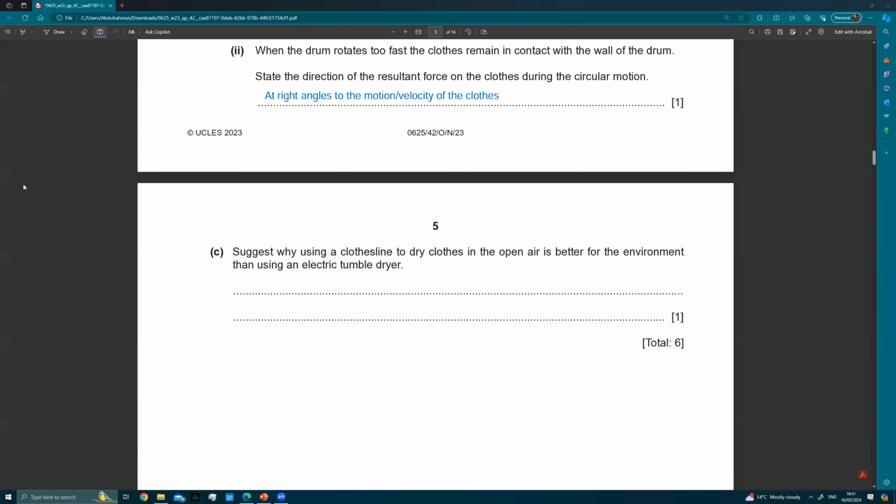So I would probably say something like: a tumble dryer uses electricity, which may involve burning fossil fuels, which can harm the environment, right? By producing greenhouse gases, for example. All right, let's carry on.